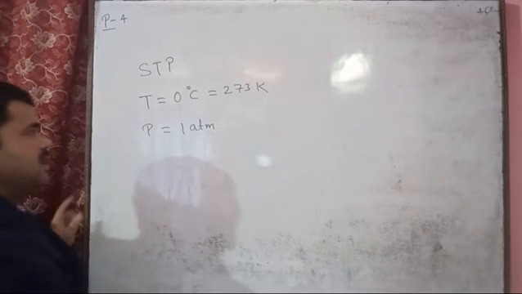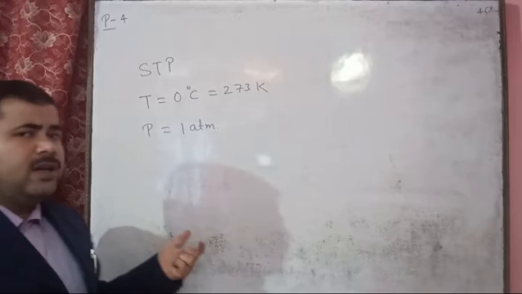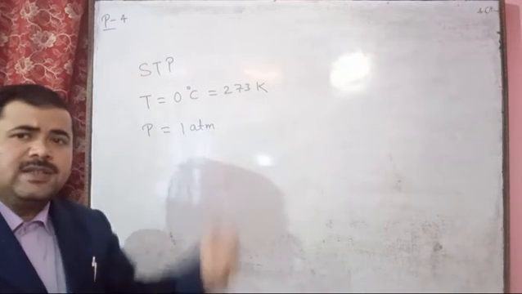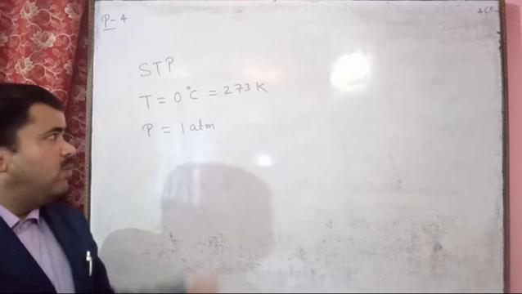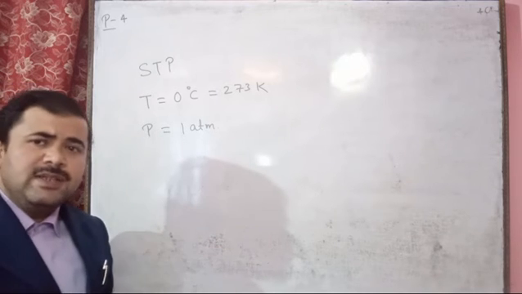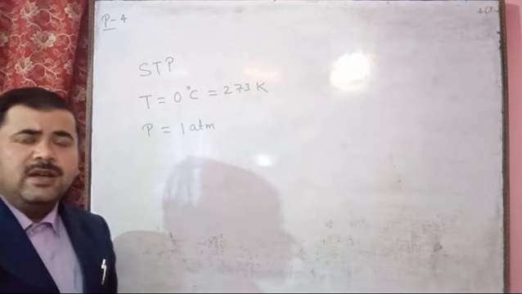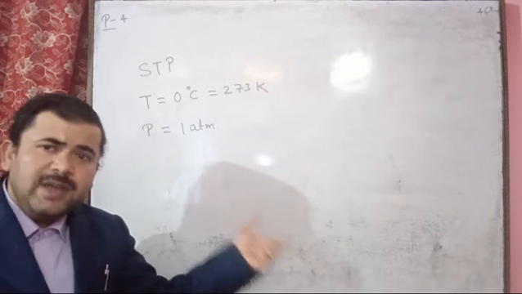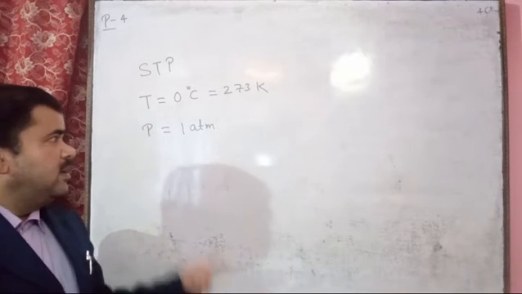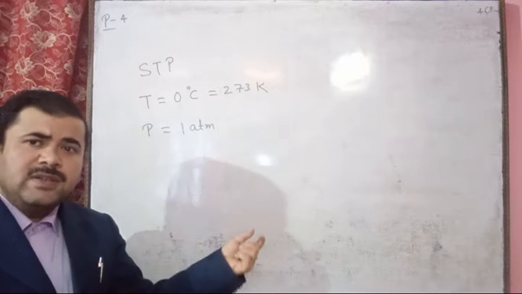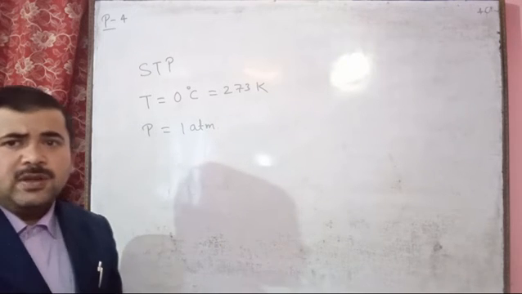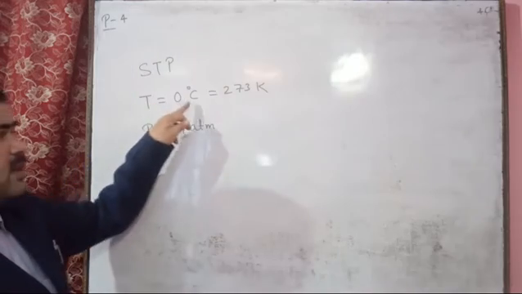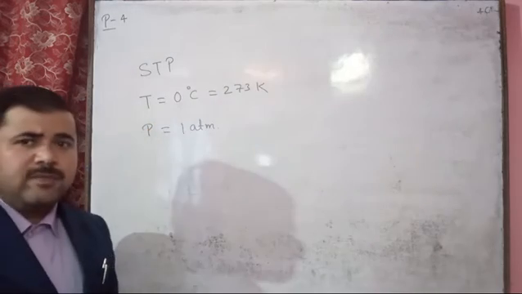We can also say in centimeters of Hg, 1 atmosphere equals 76 centimeters of Hg, and also 760 mm of Hg, or 760 torr. So these are the units. STP means temperature 0 degree centigrade and pressure 1 atmosphere.